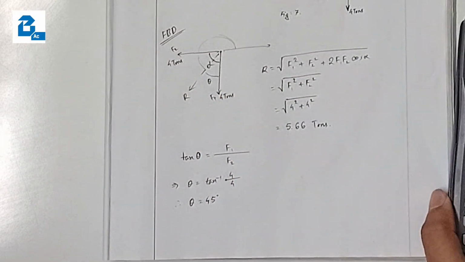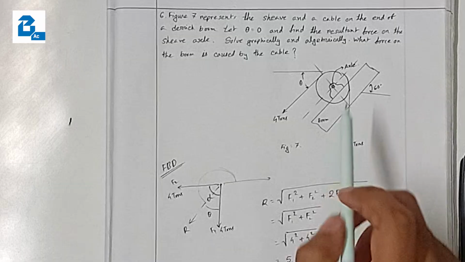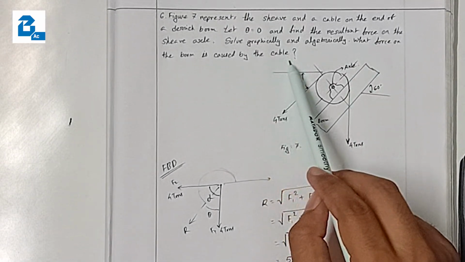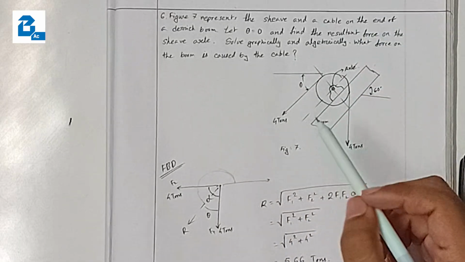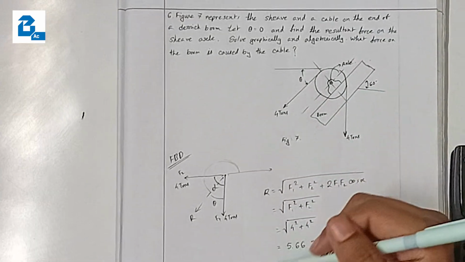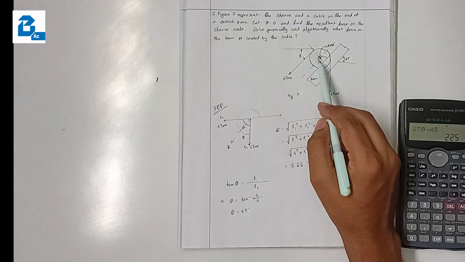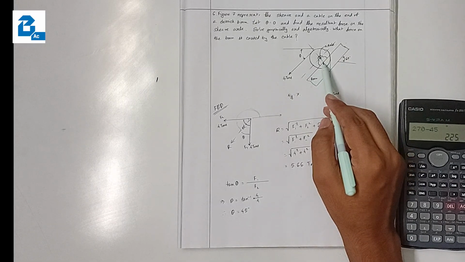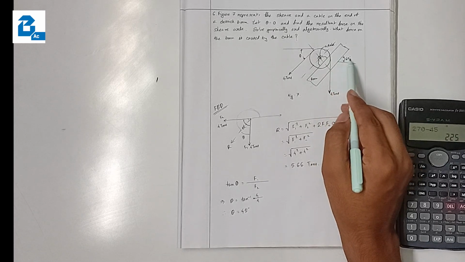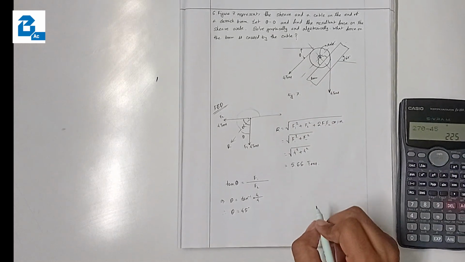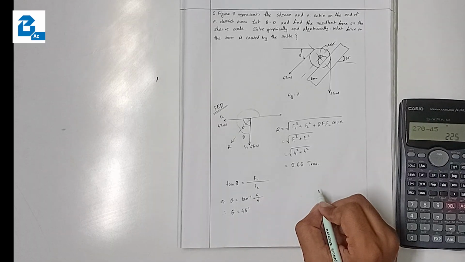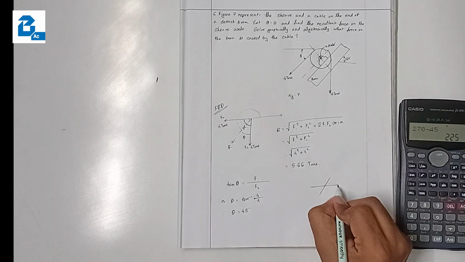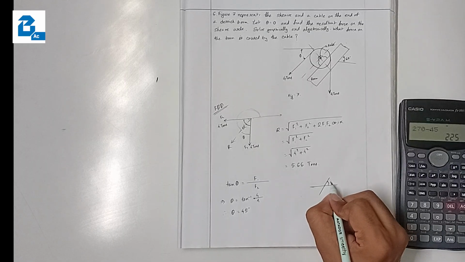And if we think about the last part of the problem, here it says what force on the boom is caused by the cable. Here the resultant force and the angle of the resultant is applied on the axle. Because the axle is on the boom, it would make an angle of, here we can see this is a 60 degree angle. So if we draw it here, we get a 60 degree plane.